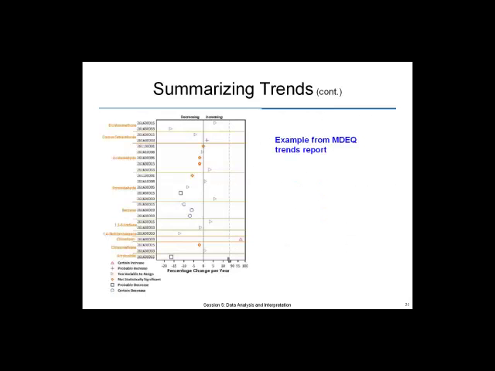All right, keep moving. So back to one of our examples from these different projects that we've been talking about throughout our conversations with you. This is the Michigan DEQ percent change per year for the pollutants that they were monitoring for.